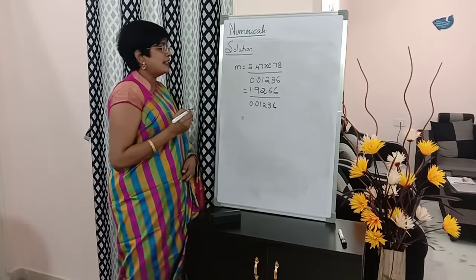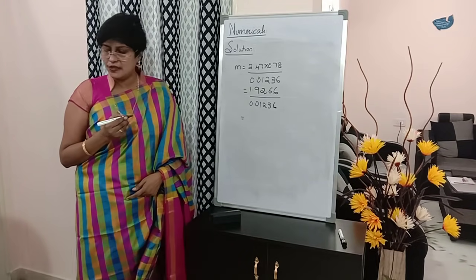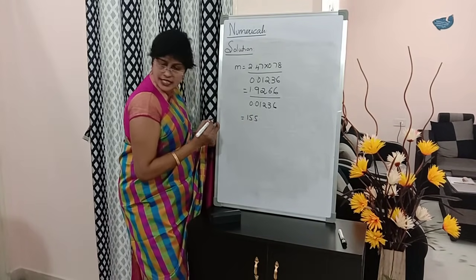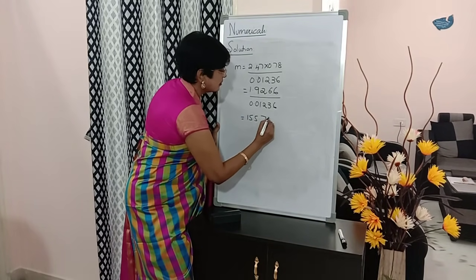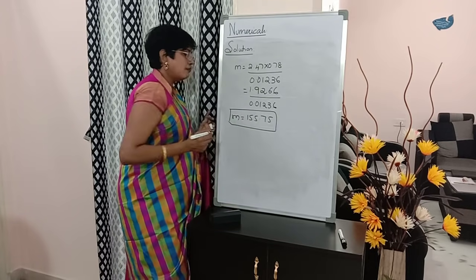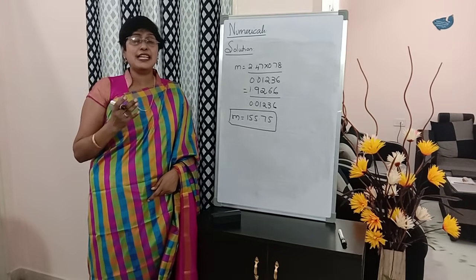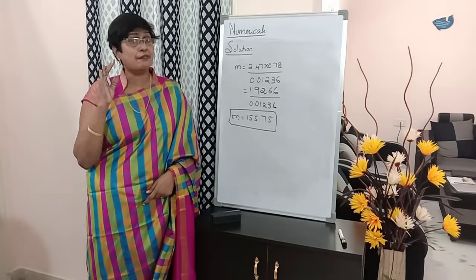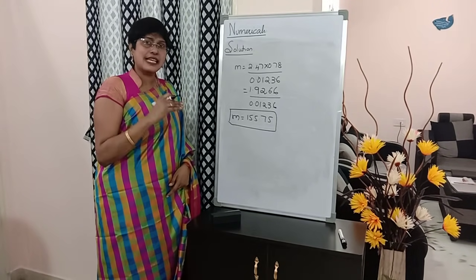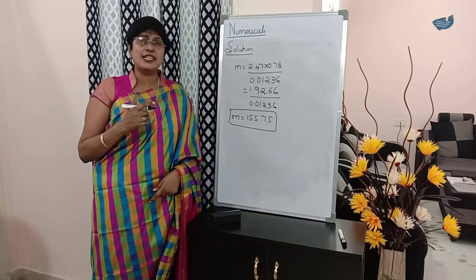So when you divide 1.9266 by 0.01236, you will get the value as 155.75. Therefore, m is equal to 155.75. Don't read it as one fifty-five point seventy-five; after decimal, we should read it out as 7 5. So molecular weight, we got it as 155.75.